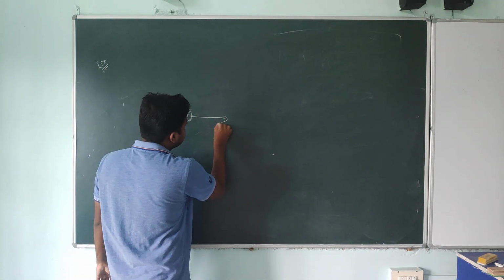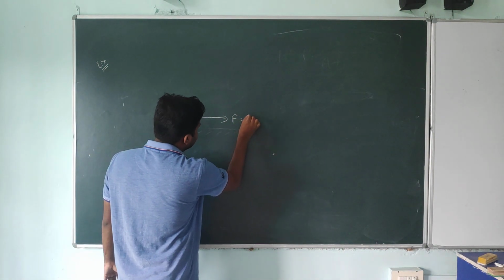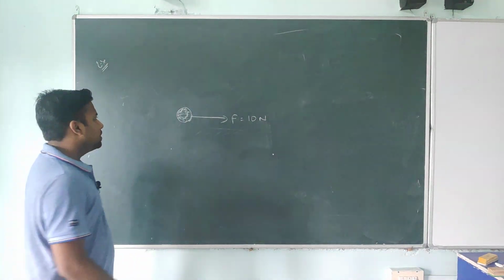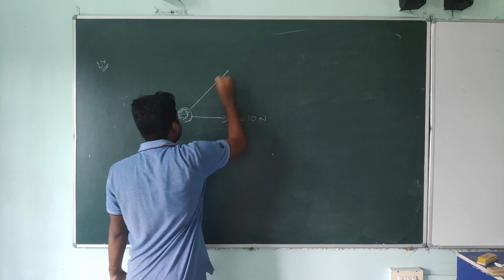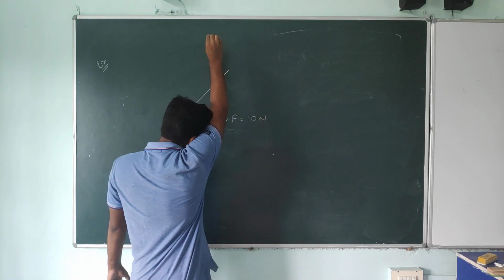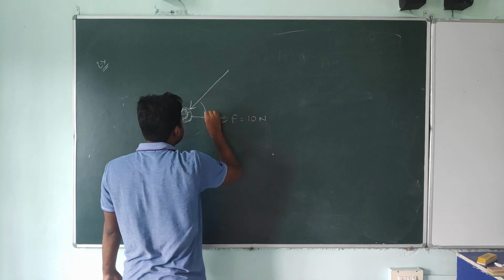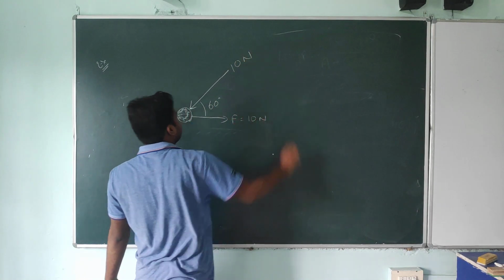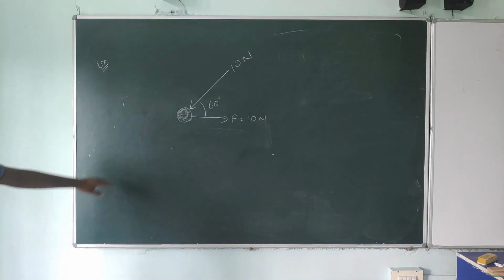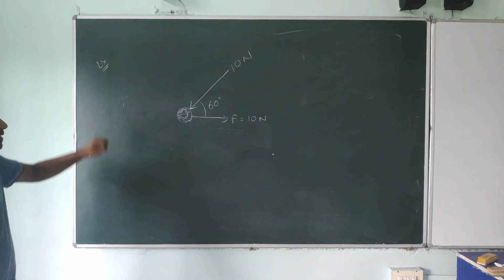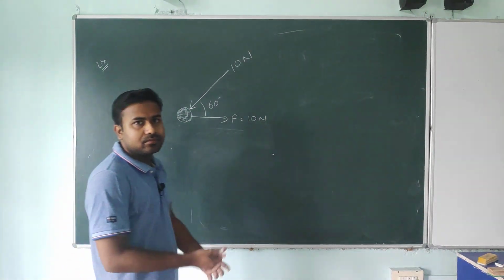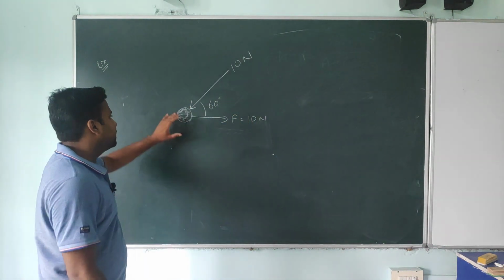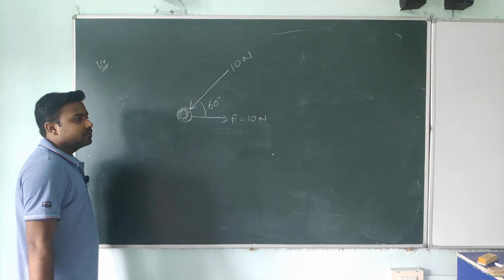Here we have one force F, that's 10 Newton in this horizontal direction, and another force in this direction, making an angle of 60 degrees with this, and this is also a 10 Newton force. Try to understand. Now you have to find the resultant force on this particle.